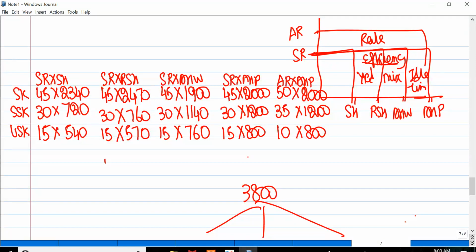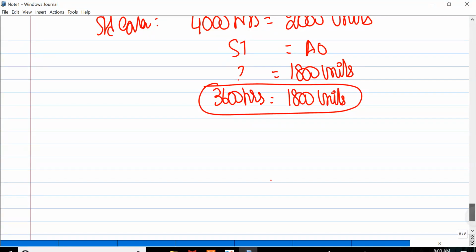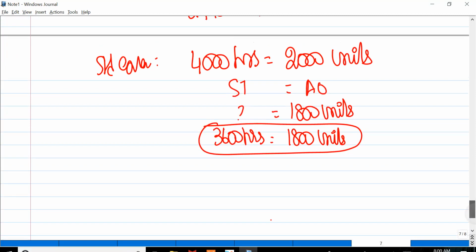Any doubts on this calculation? 1800 units is equal to 3600 hours. Any doubts on this part?